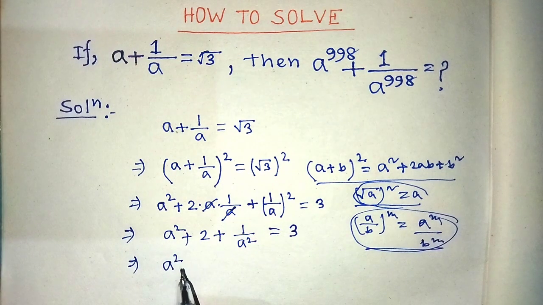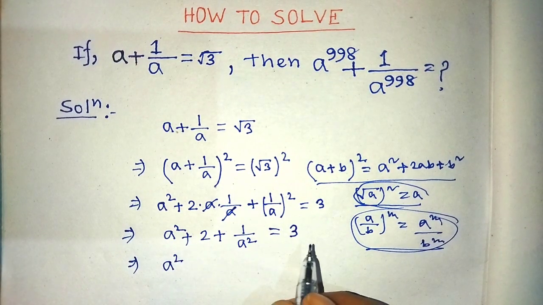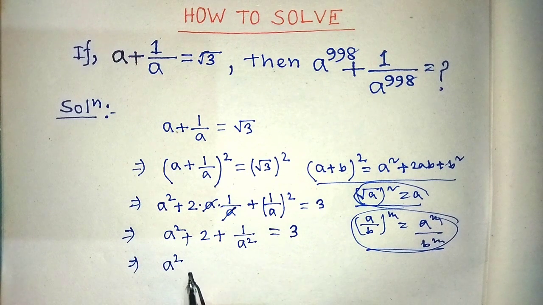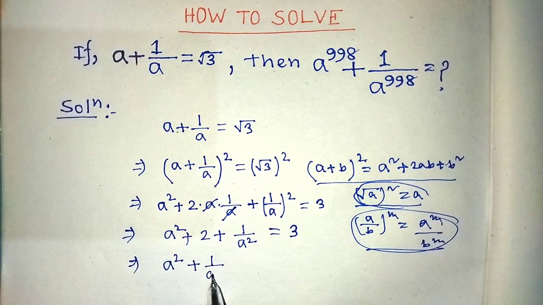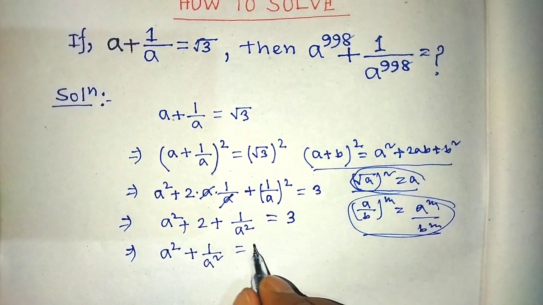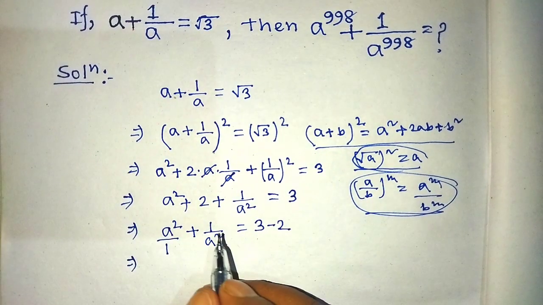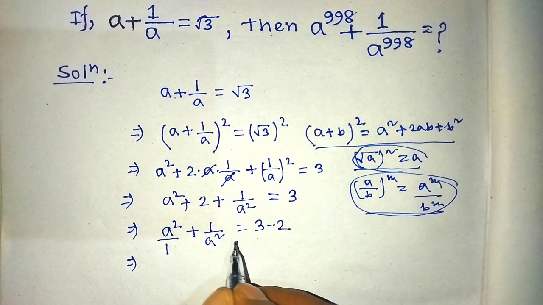After that we have to transpose 2 from the left hand side to the right hand side. On the left hand side we write a square plus 1 over a square is equal to, on the right side, 3 minus 2. After that we simplify the LHS of this equation.